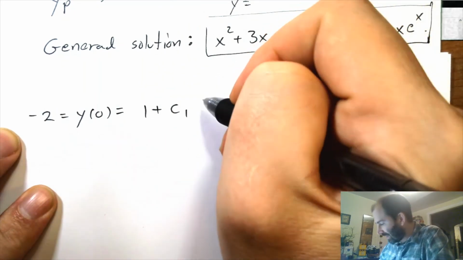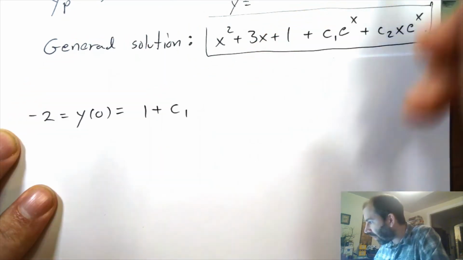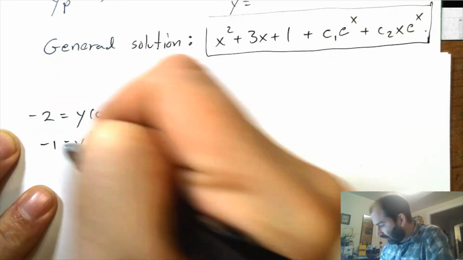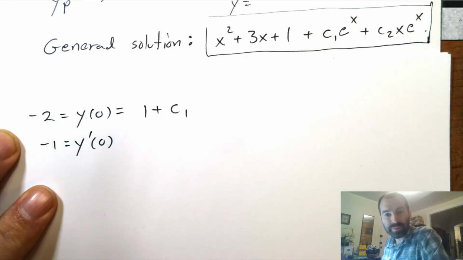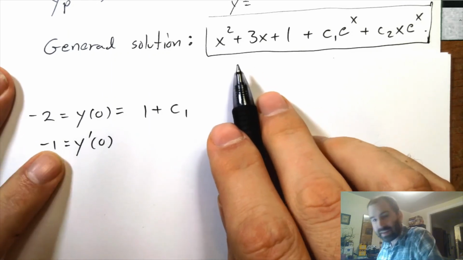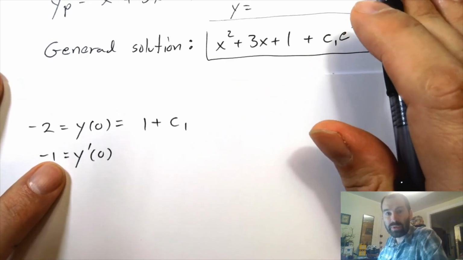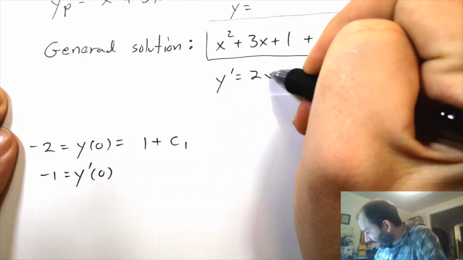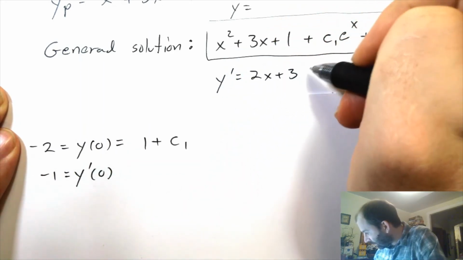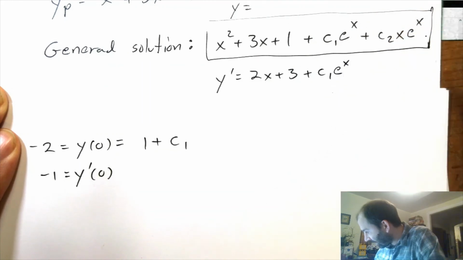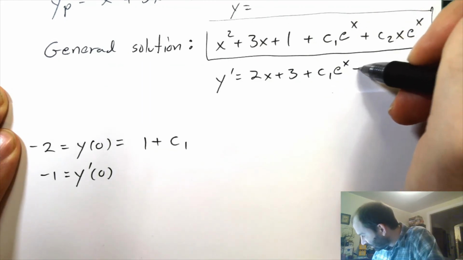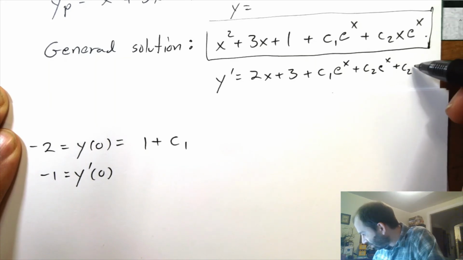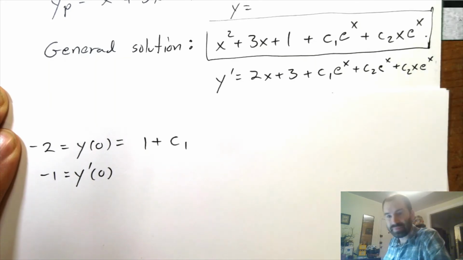Well, that's nice. And then y prime of 0, on the one hand, we were told it equals -1. But on the other hand, I can compute y prime from this stuff. It's going to be 2x plus 3 plus c1 e to the x plus c2 e to the x plus c2 x e to the x.